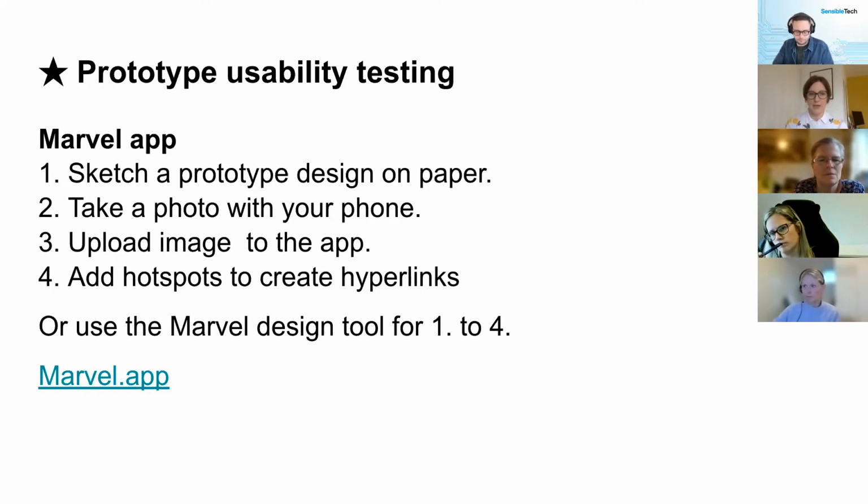You can just hover over that in the app and make it a link, and then link it to your next drawing. So you could have a series of four drawings that you've taken photos of on your phone, and you can link them all up. So that's all that means. Fantastic, thank you.